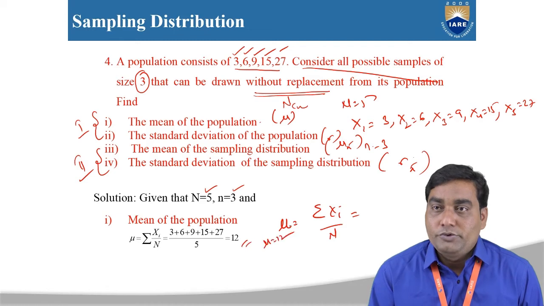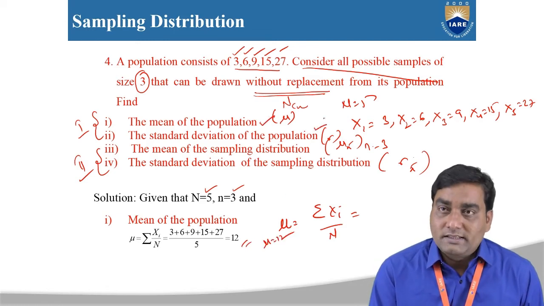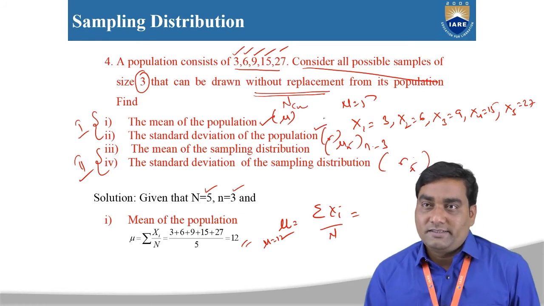So, mu equals 12. So, this problem we got it. And to get the standard deviation, we need to find the variance, obviously.